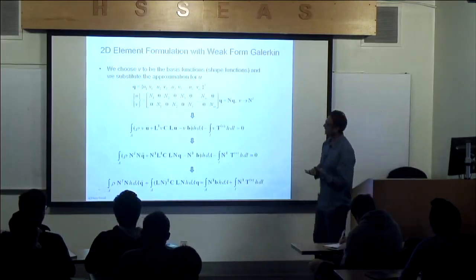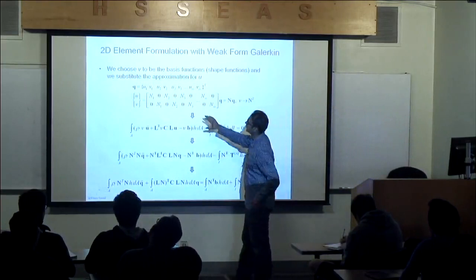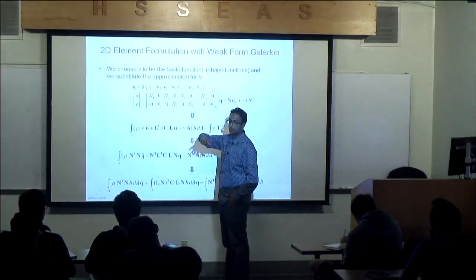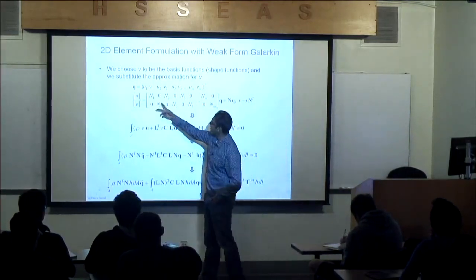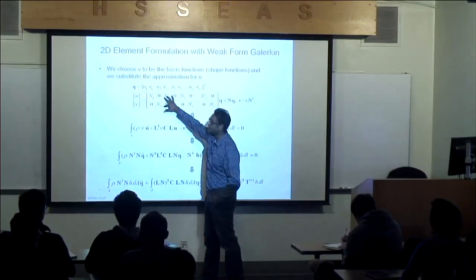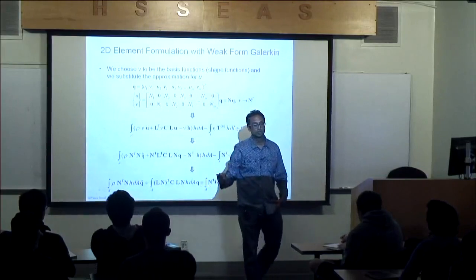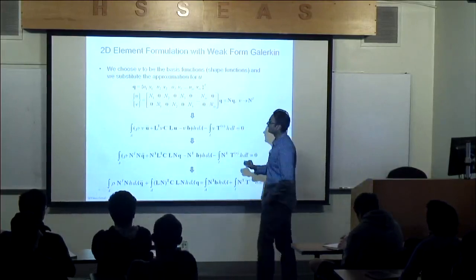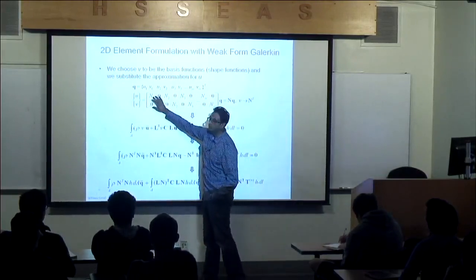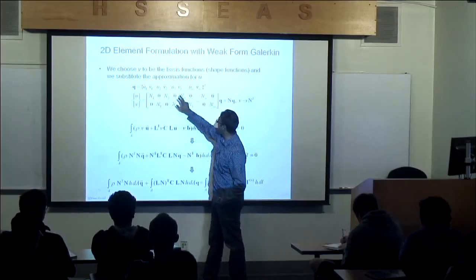I now apply again the principles of weak form Galerkin. I did it before, Rayleigh-Ritz. What I'm going to do now is a little bit simpler. It's only 2 rows now because it's just U and V, only 2 unknowns per node. And so then I'll take the shape functions, N1, N2, N3.